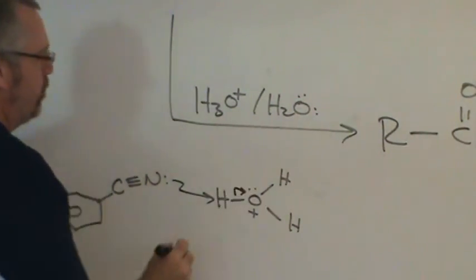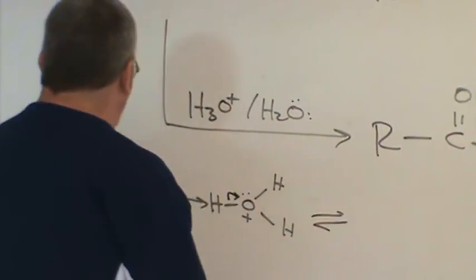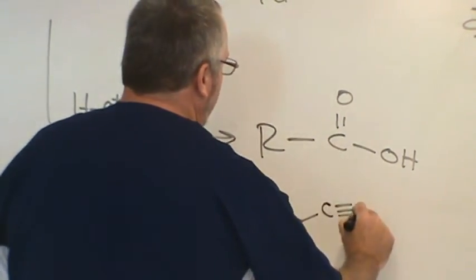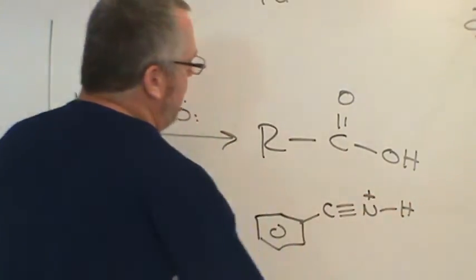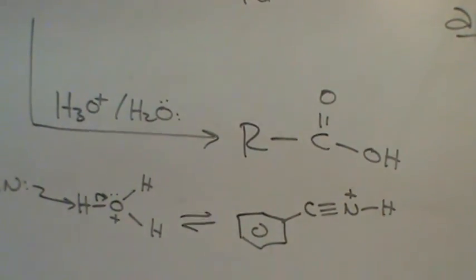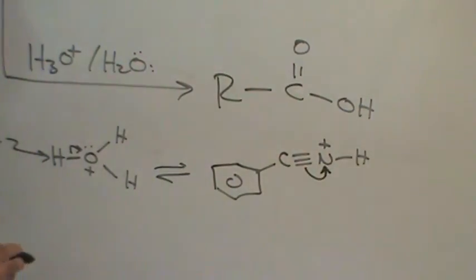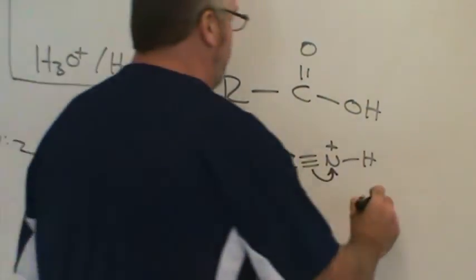Protonate the nitrile nitrogen. When we do that, we generate a very electrophilic carbon. That's what the protonated nitrile looks like. I can draw a resonance form in which I move those pi electrons onto nitrogen.